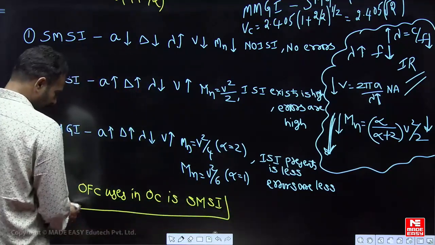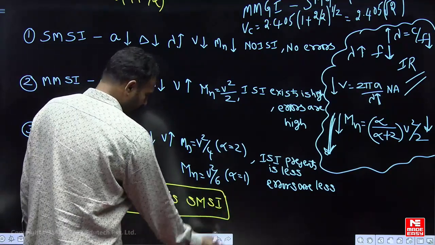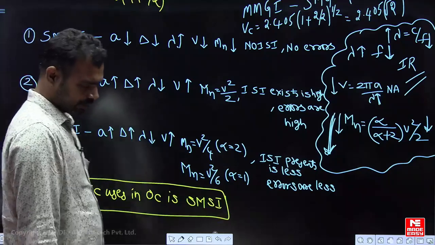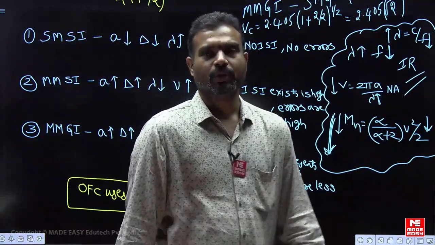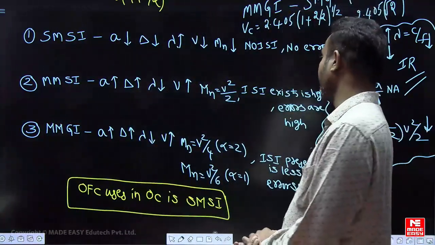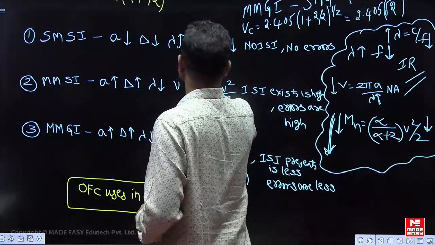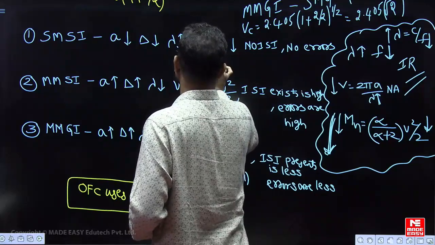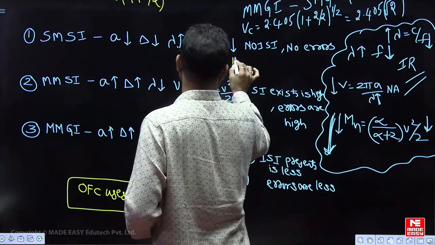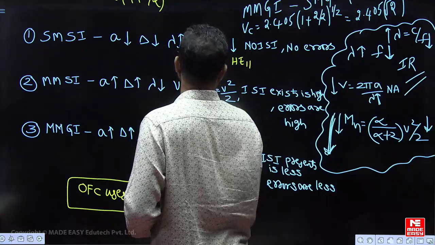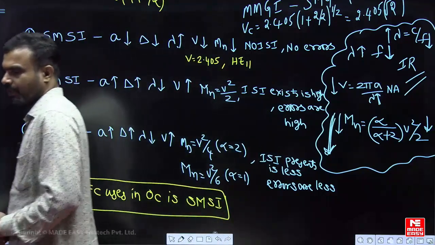SMSI. And for this topic only I am explaining all the cases, all the scenarios in the classroom, to make it clear what the value is. And what is the value of V, Nana? Value of V is equal to 2.405, then only we will have one mode, that mode is called HE11 mode. Please write down that part also.